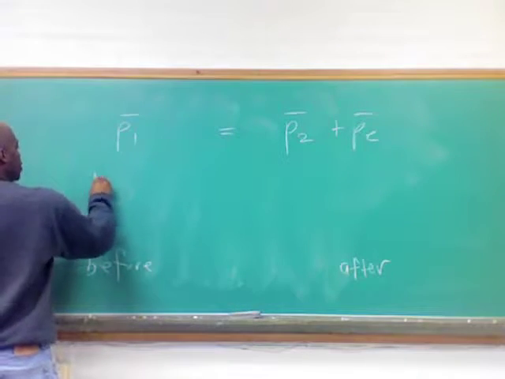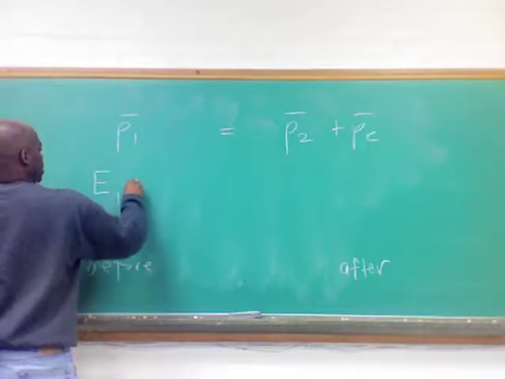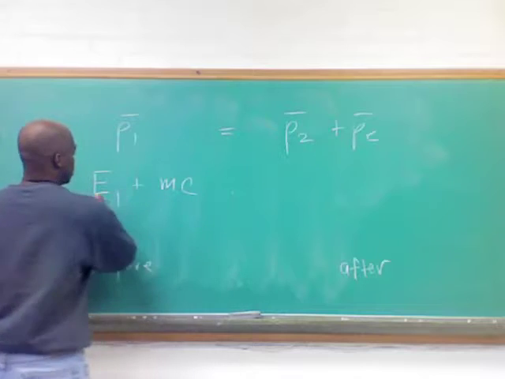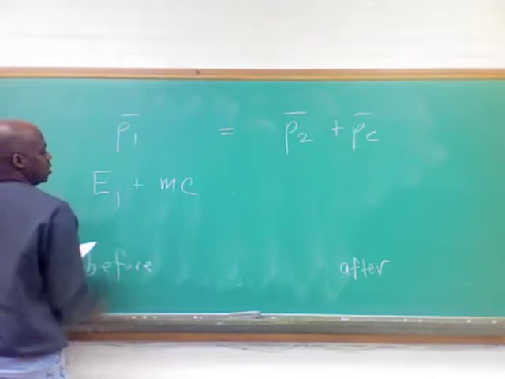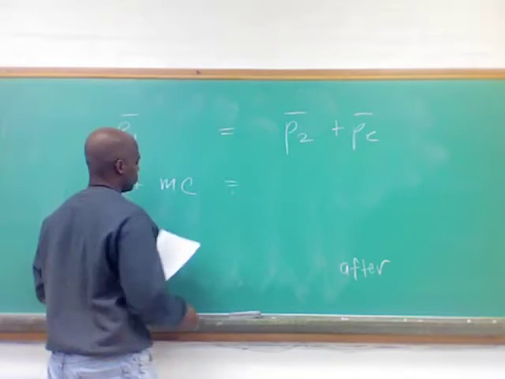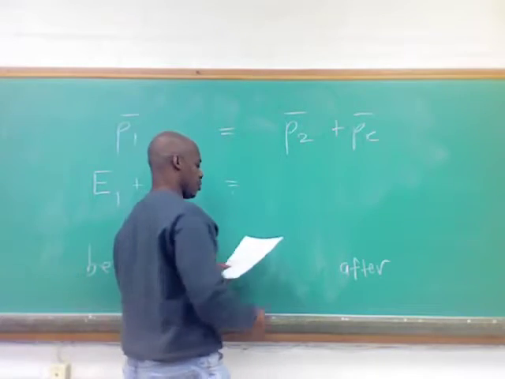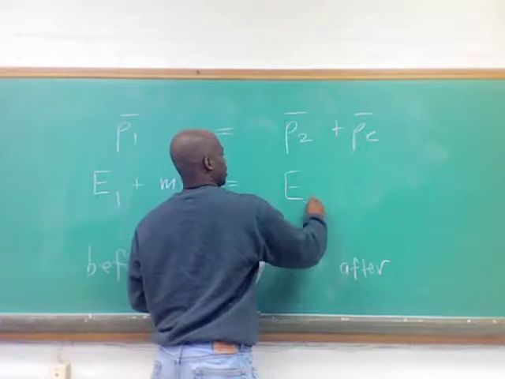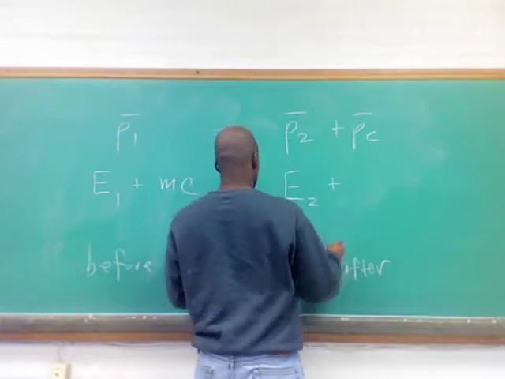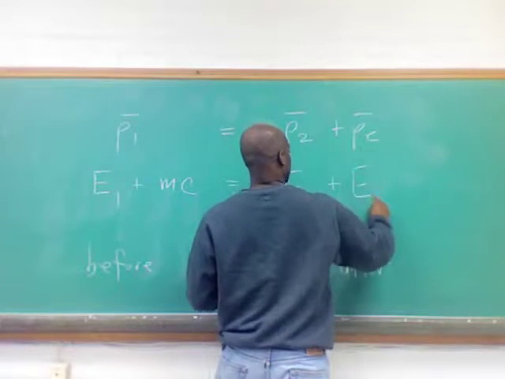We've also got our energy. So we're saying the energy is conserved with this collision. The energy of the photon plus the rest energy of the electron, that's before. After, we've got the energy of the second photon plus the energy of the electron.